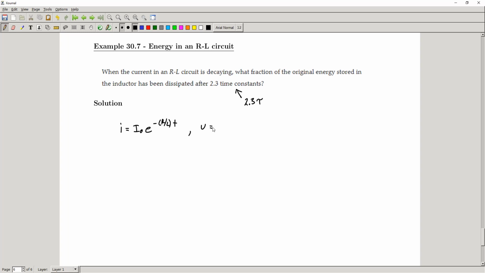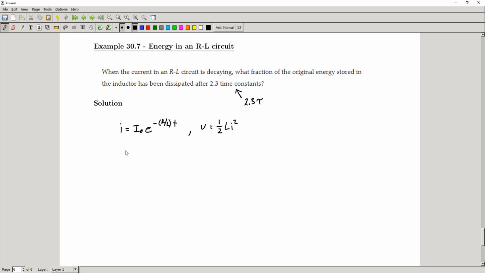We have this expression from earlier work. That's our potential energy stored in the magnetic field of our inductor, and this is the current running through the loop as the inductor dumps energy back into the loop. What we're going to do here is just substitute this expression into this expression.